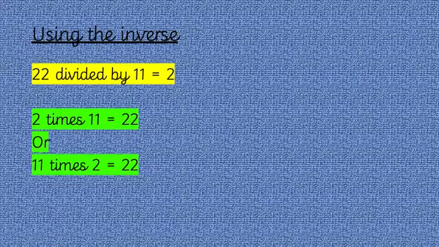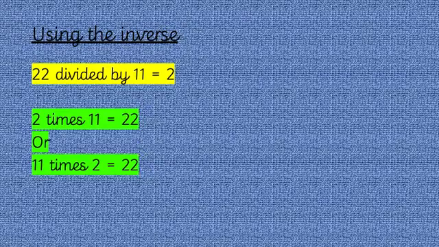Right, now we're going to talk about using the inverse. So that means changing the way a sum looks. So you could do this with pluses and minuses, but we're going to have a look at them with dividing and timesing. Okay, so 22 divided by 11 equals 2. We can use all of those numbers again if we're using the times tables.